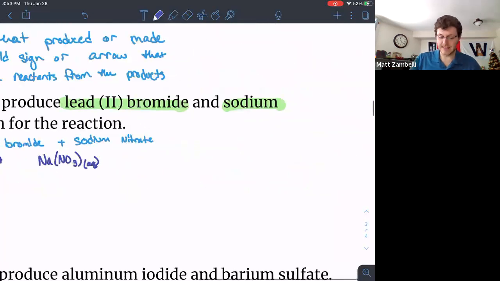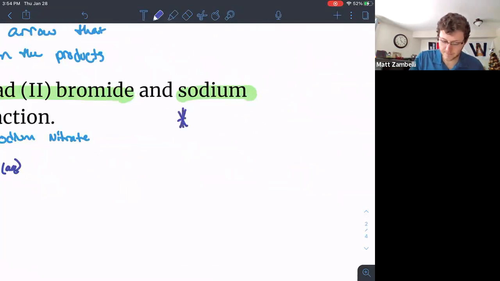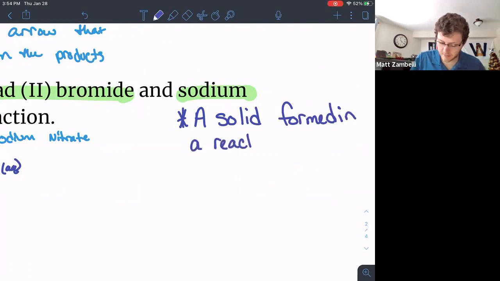All right. If we see a solid formed in a reaction, it is called a, oh man, I always spell this one wrong.